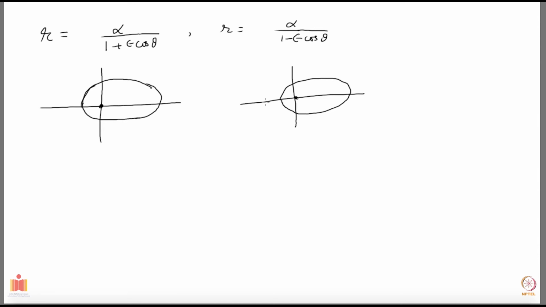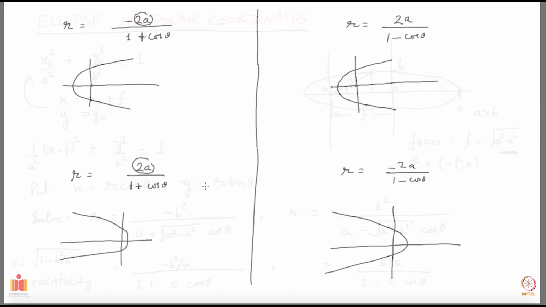If you put epsilon to 0, you get a circle, as I said a minute back. If you put epsilon to 1, you get a parabola. Let's go back and see.